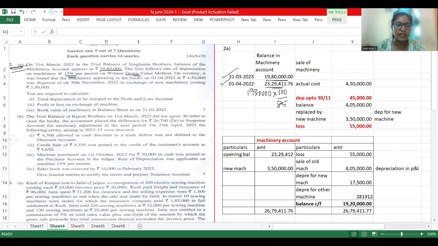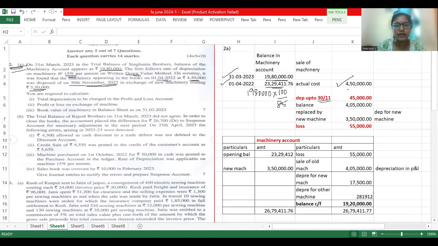On scrutiny, it was found that the machinery appearing in the books on 1/4/24 at 4,50,000 was disposed on 30th November 22 in exchange for another machinery for 3,50,000. So there is a sale of machinery and purchase of machinery. So for sale of machinery, the actual cost is 4,50,000 and it was sold on 30/11.